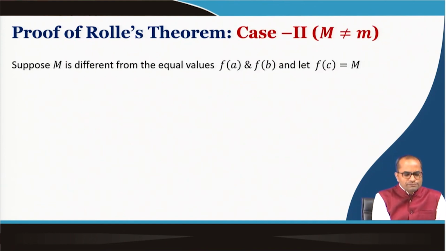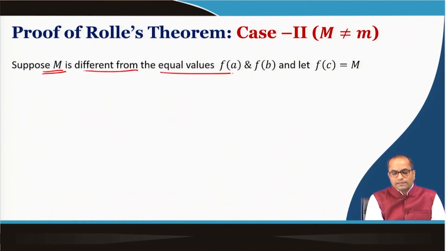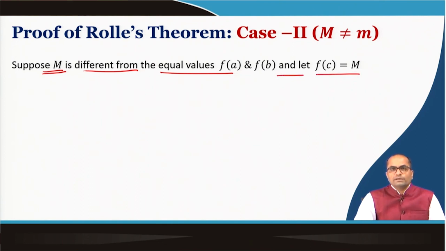So, suppose for simplicity we assume the big M is different from the equal values f a and f b, and let f c be equal to M, because this big M is attained in the interval a to b.